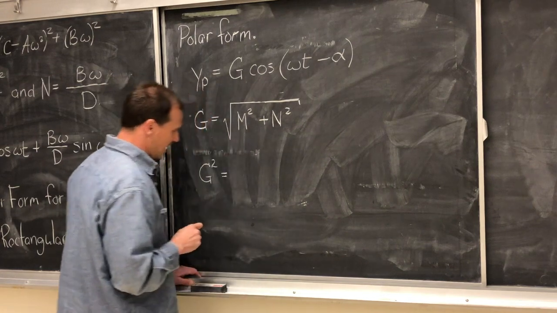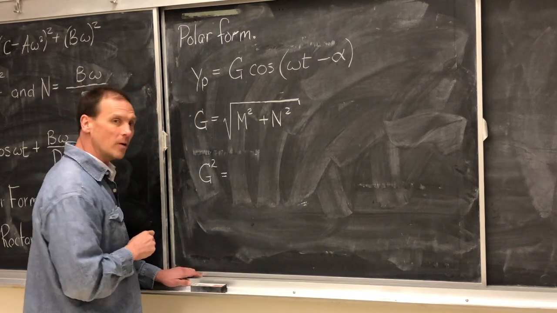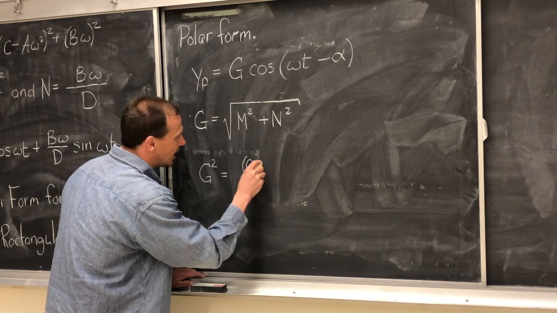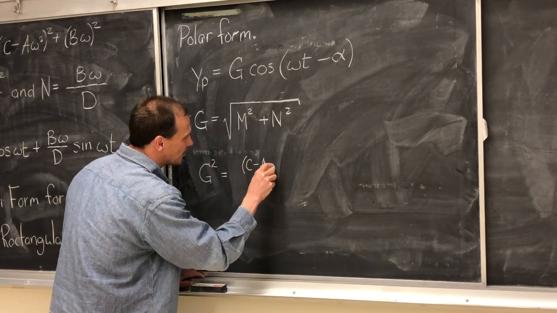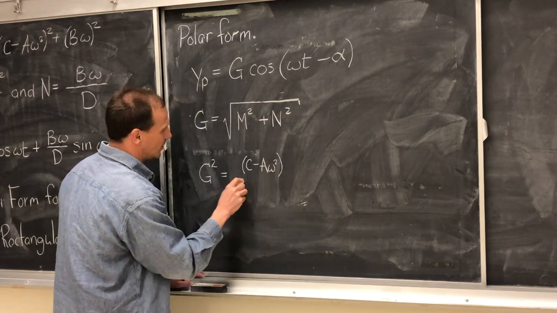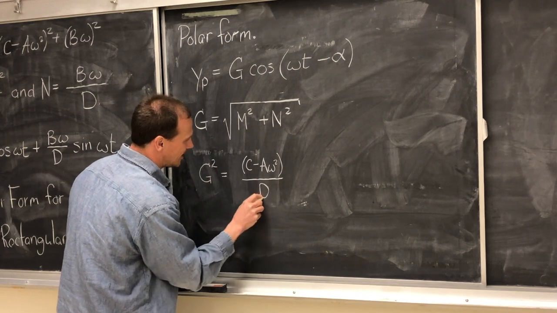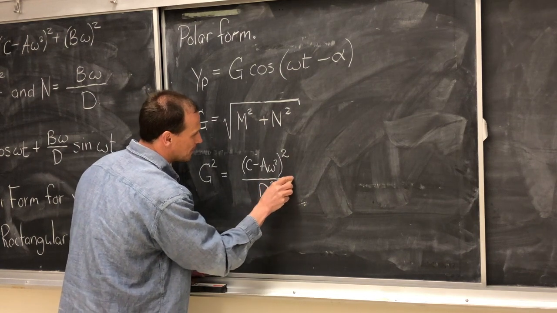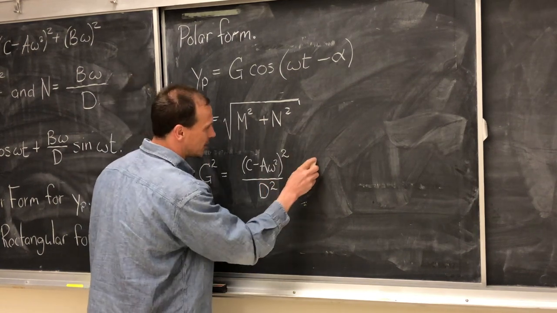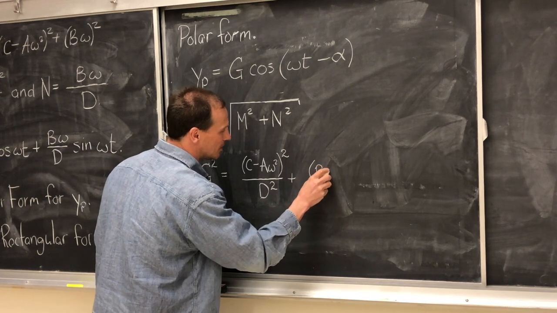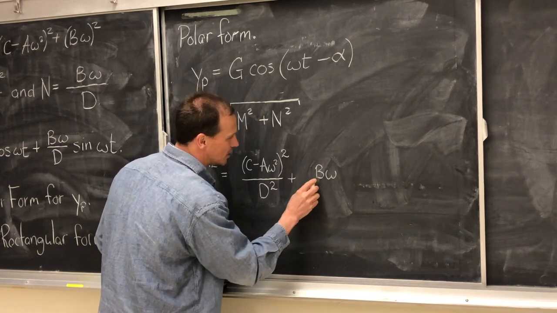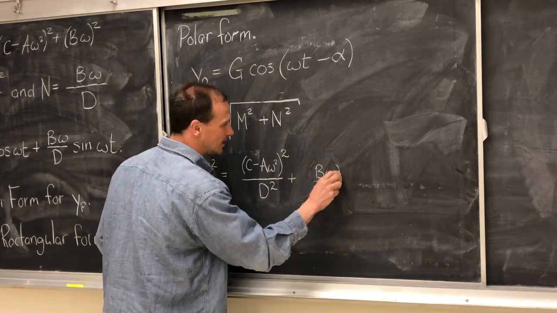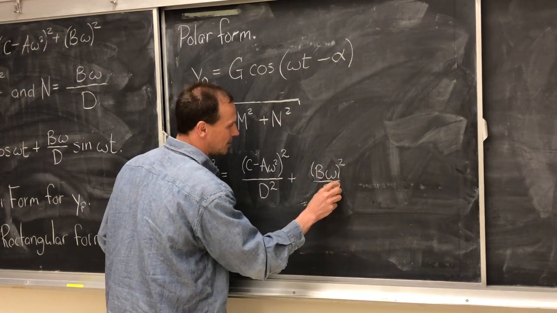So let's do that. M is (C minus A omega squared) over D. We're going to square all that, plus n, which is B omega over D. And then we're going to square it, so I need to square my numerator and my denominator.